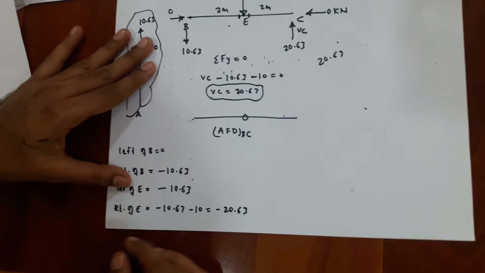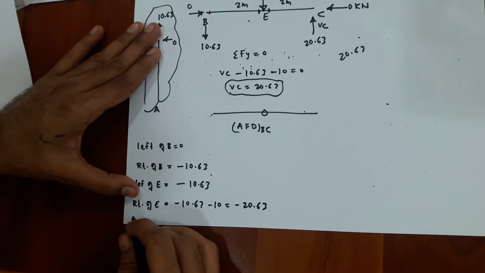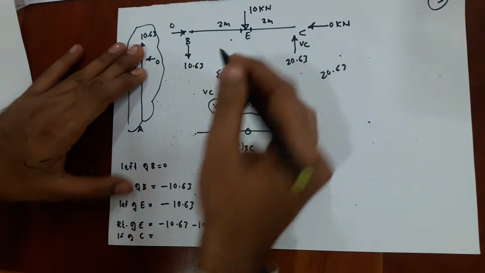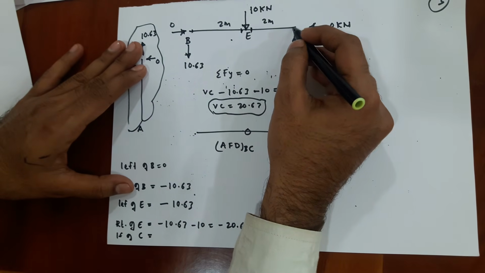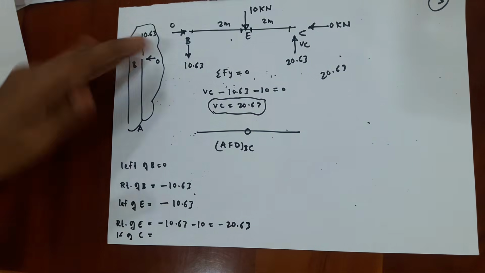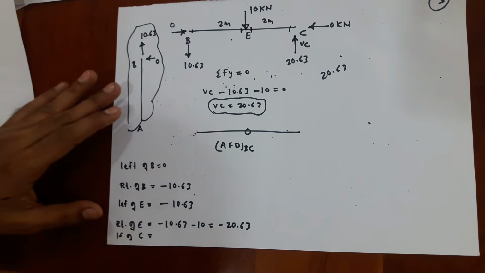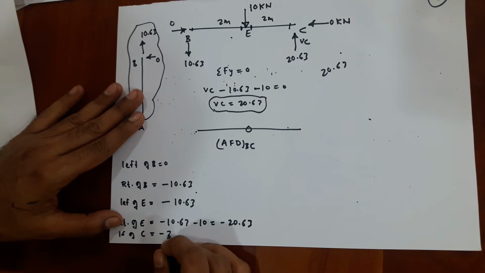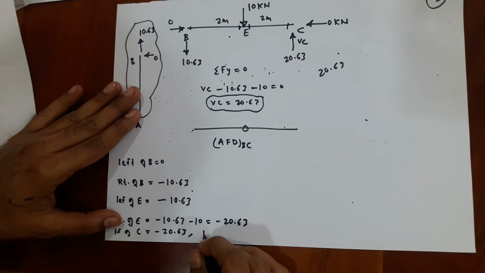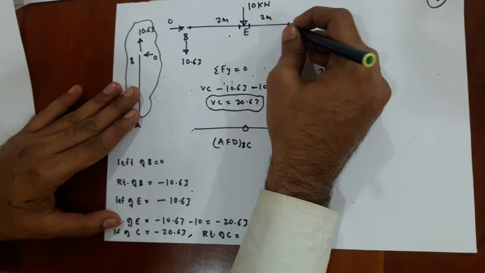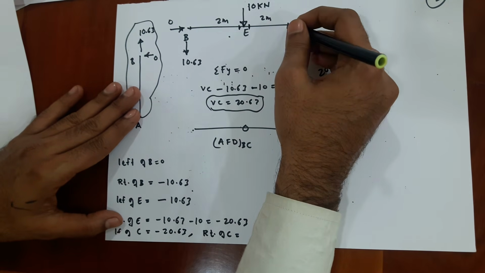Then which is the next point? Next point is left of C, from right of E to left of C. You do not have any new force, so the shear force will be constant. Next point is right of C, from left of C to right of C. What is the shear force at left of C?